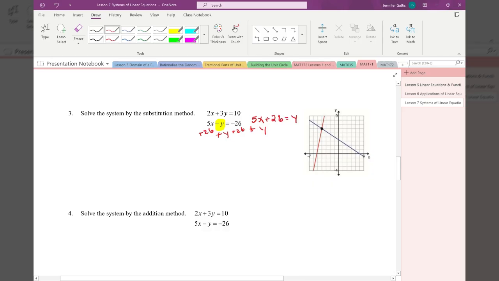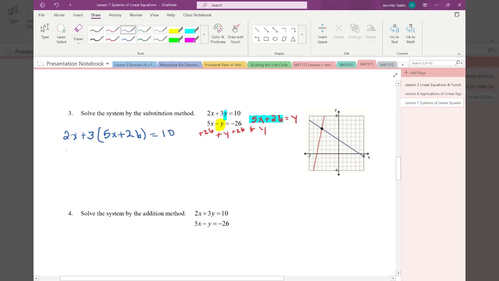And now this is where I can take, because y is equal to this 5x plus 26, I can take it and substitute it in for this equation. So we can say 2x plus 3 times 5x plus 26 is equal to 10.